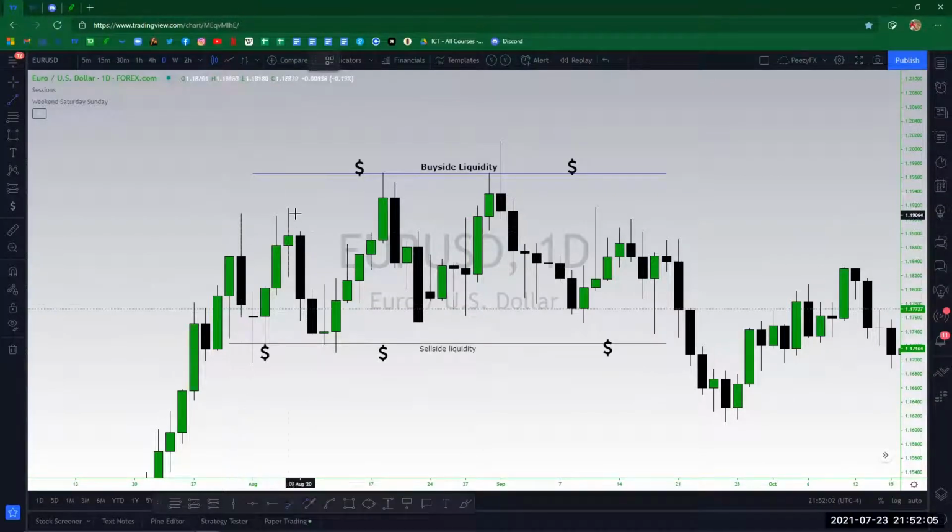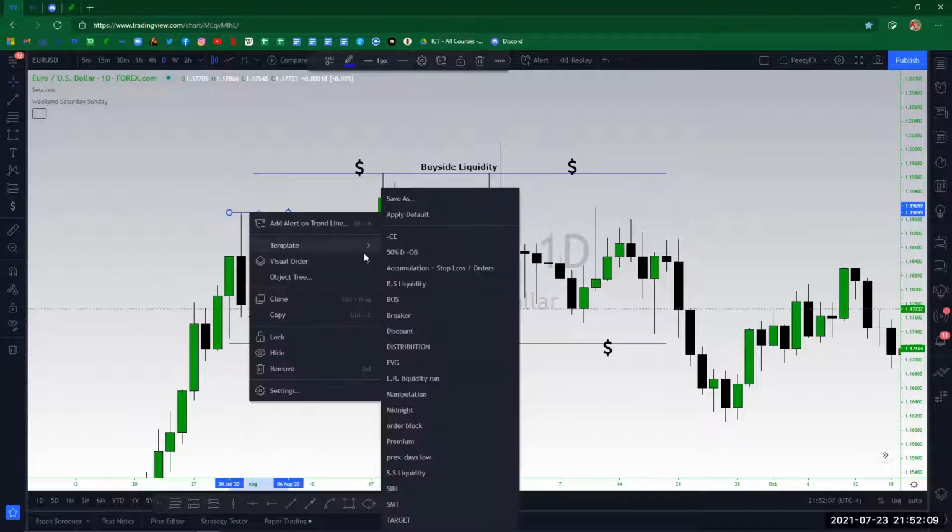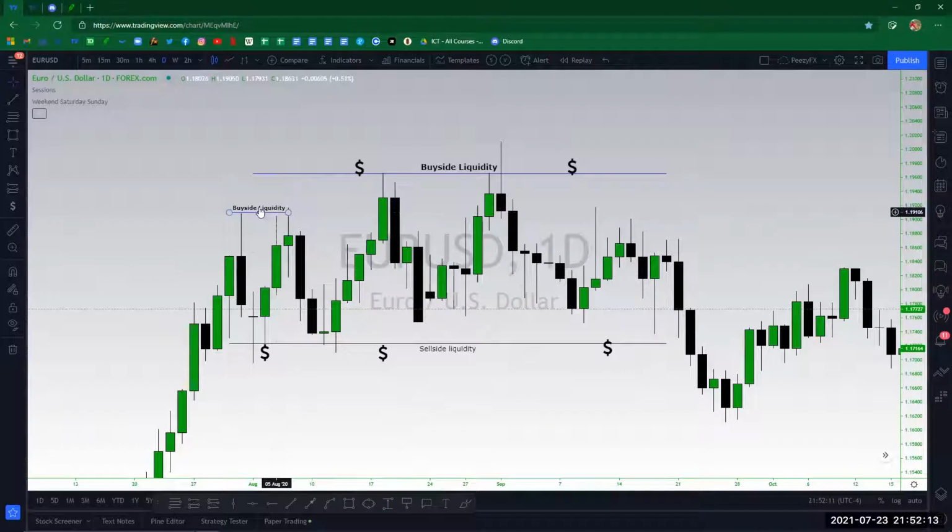When it created this double top here, that generated buy side liquidity. When price jammed up, taking out this liquidity, this is when you will be looking to go short.